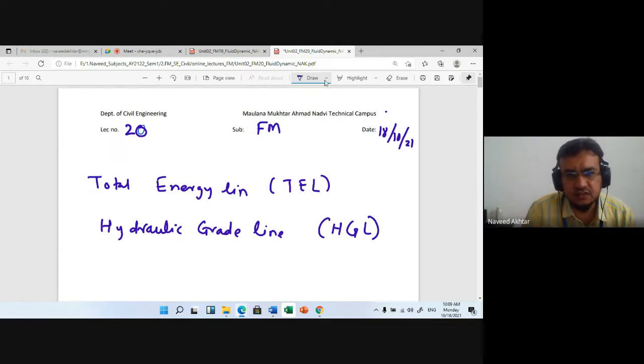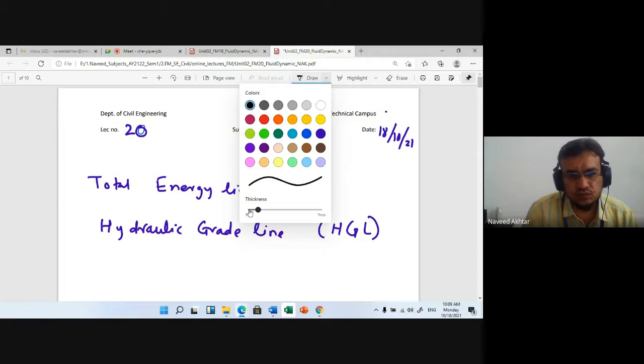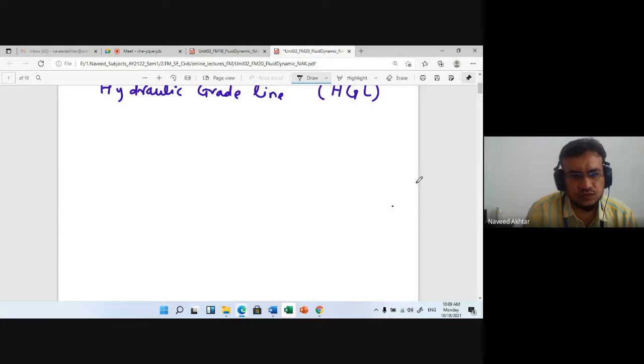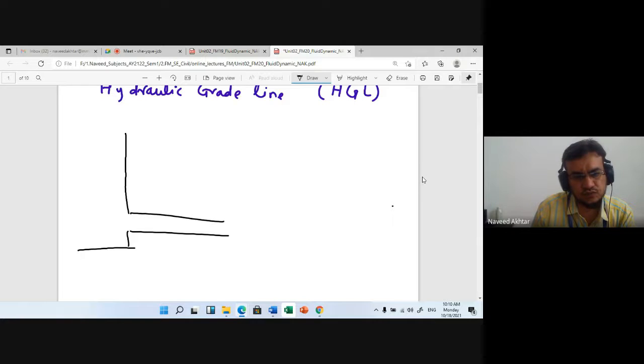So draw this figure with the upstream side. There is a pipe, then another pipe, then we have the check valve, and then free flow.